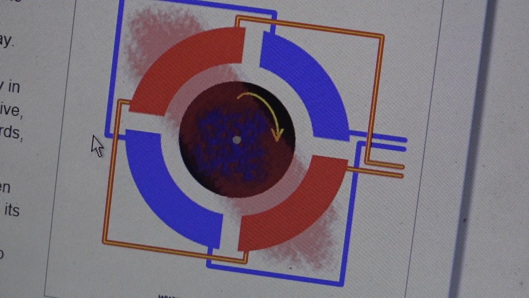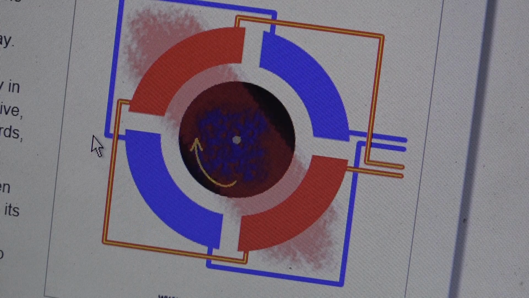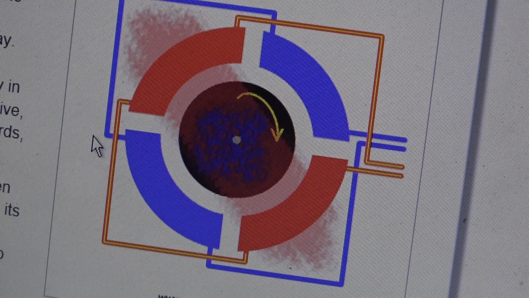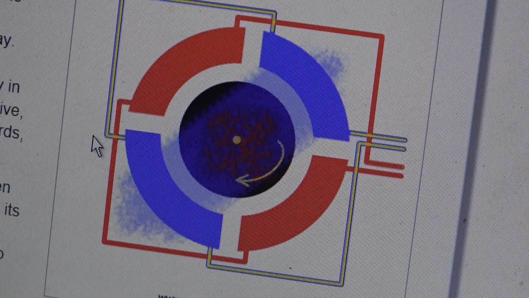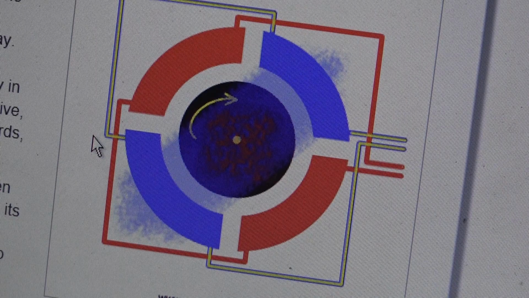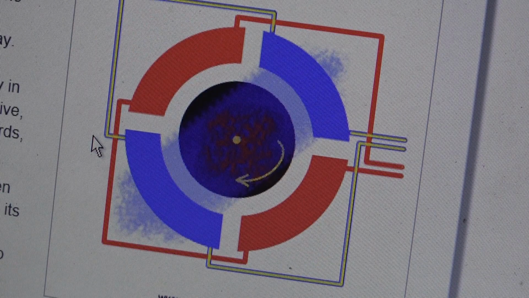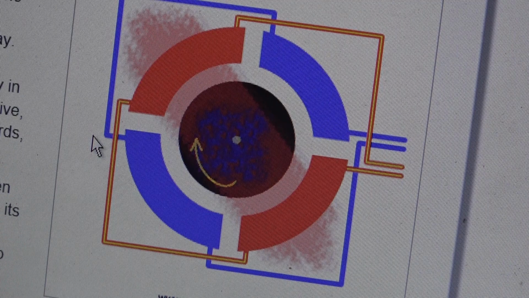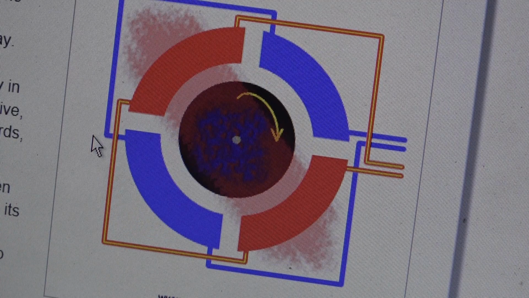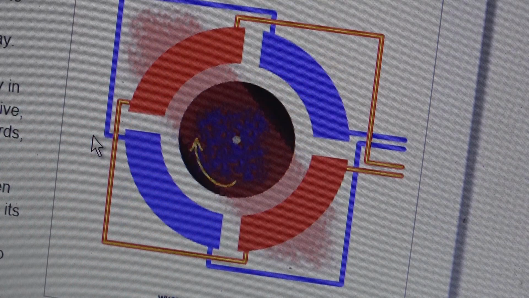Okay, so this is a really crude illustration of how an AC induction motor operates. Basically you have two coils, and your AC waveform is applied across the coils. Now we need to create a rotating magnetic field. On a three-phase motor there would be three separate coils, one for each phase. On a single-phase motor we have two coils, and we need to create a 90-degree phase shift for the secondary coil.